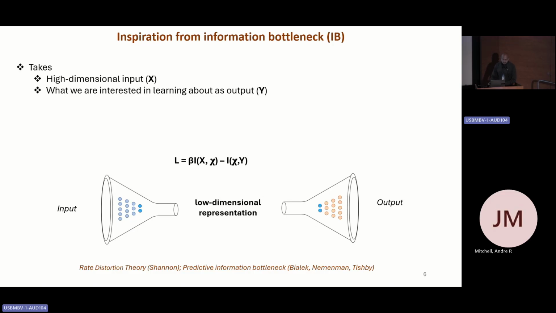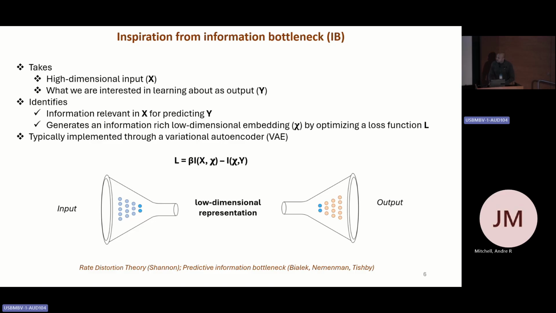If we tell it what we are interested in learning about as the output, it promises to identify which information is relevant in the input X for predicting Y. It generates an information-rich low-dimensional embedding chi, as you can see in the schematic, by optimizing a loss function L that is defined in terms of mutual information. This is typically implemented through a variational autoencoder. But again, there is also a problem.